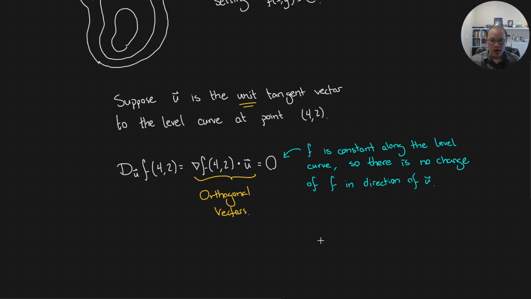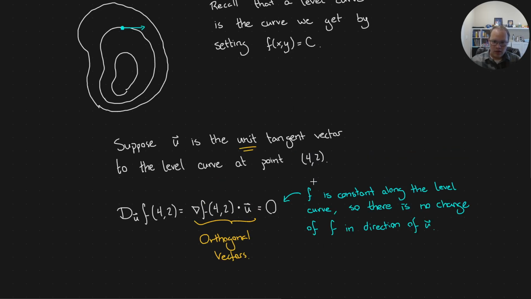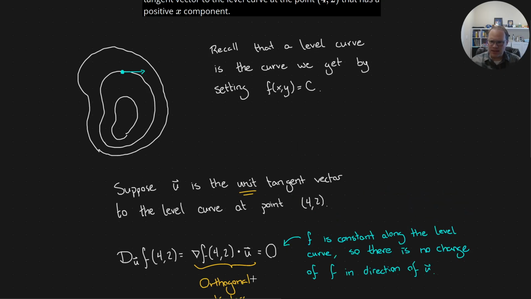So what I want is to find a vector that is orthogonal to the gradient. I want to find a vector so that their dot product is equal to 0. Okay, and then I want to make sure it's a unit vector. If I find a vector that is orthogonal to the gradient, then it will be tangent to the level curve. Okay, kind of makes sense, doesn't it, if you think about it?